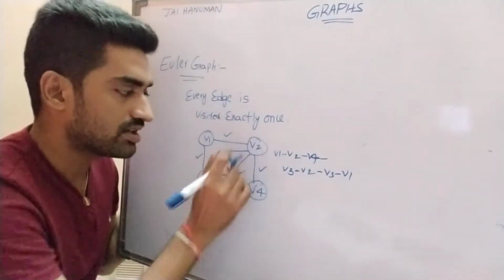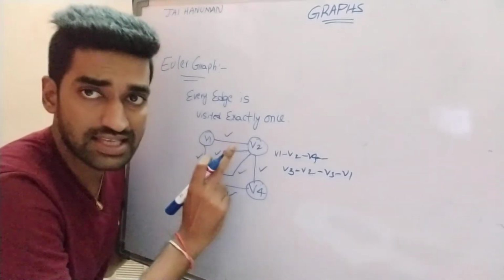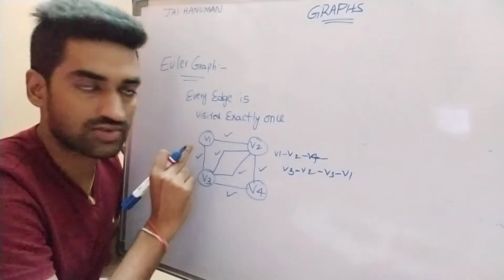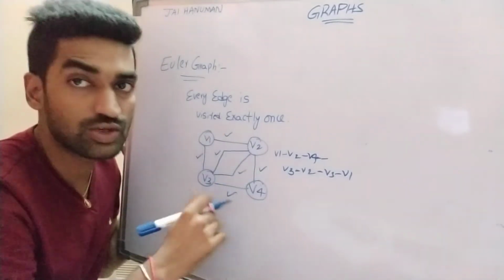So all the edges are visited exactly once. So finally we can reach the starting position. That's why this graph is also called an Euler graph, right?